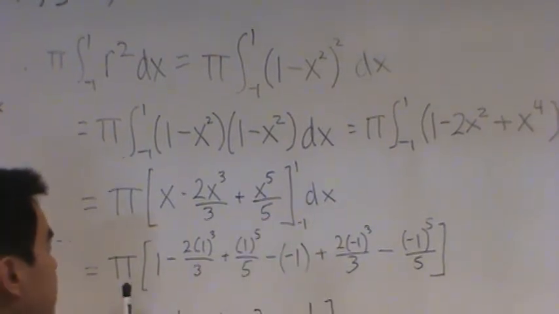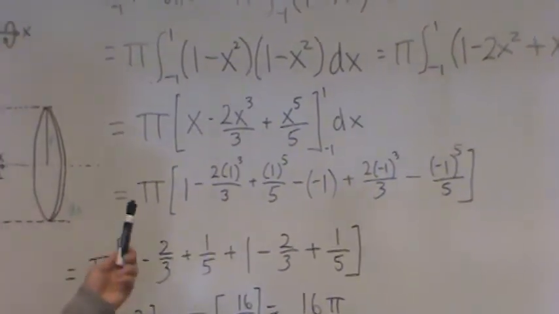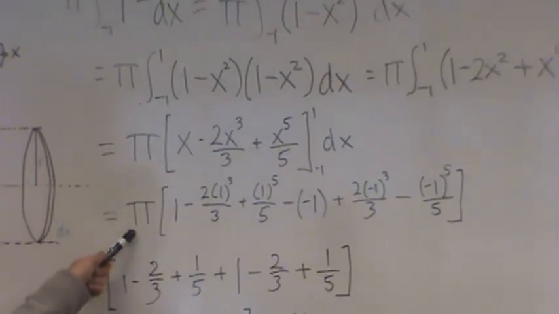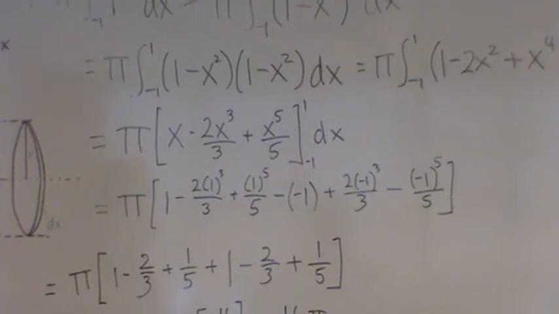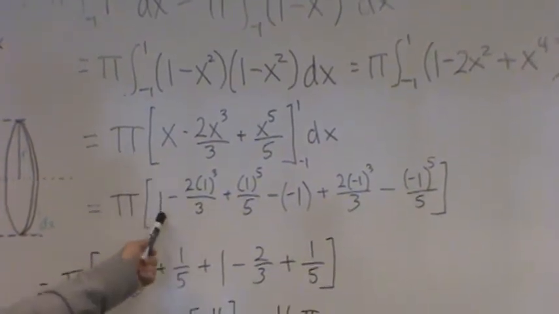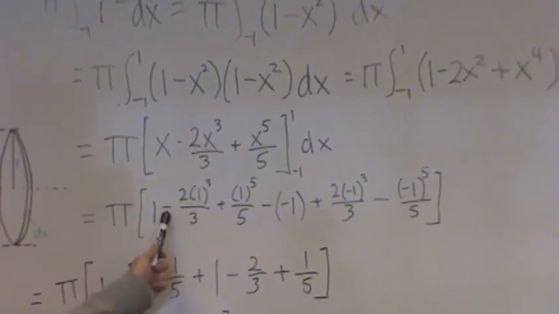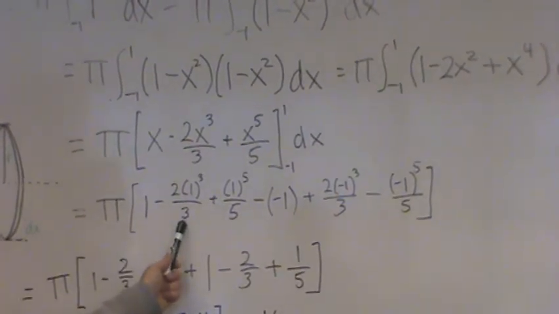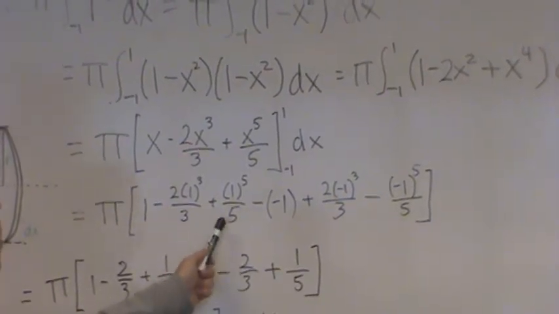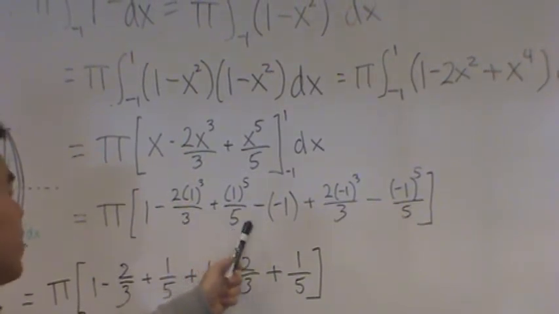Now we just plug in the points. We get pi, and then we bracket it up. First we plug in 1, so x becomes 1, minus 2 times 1 to the 3rd over 3, plus 1 to the 5th over 5.